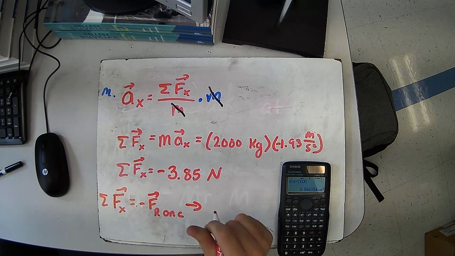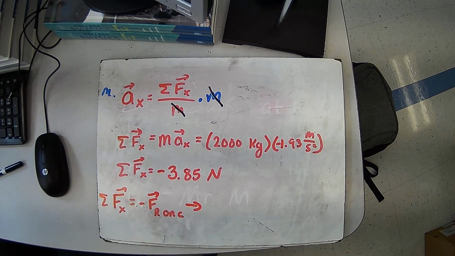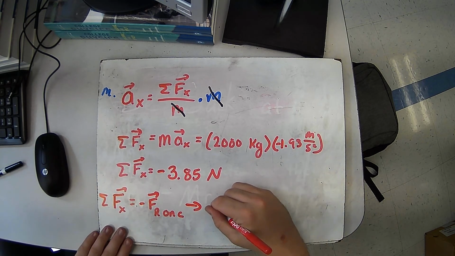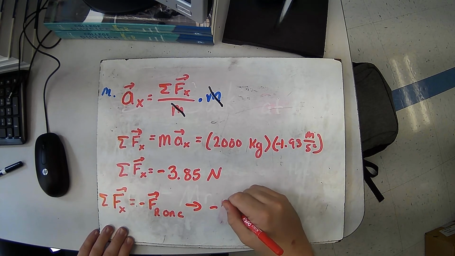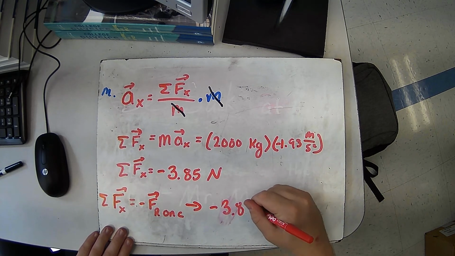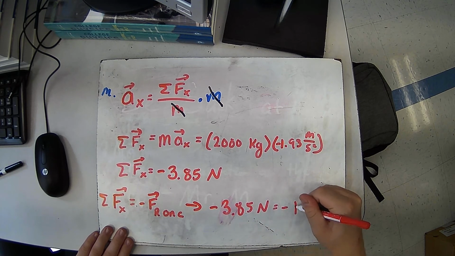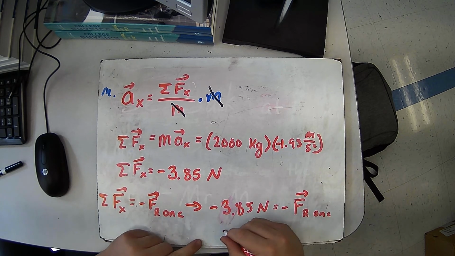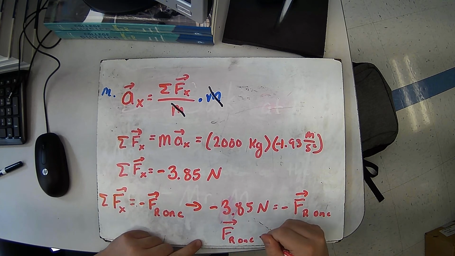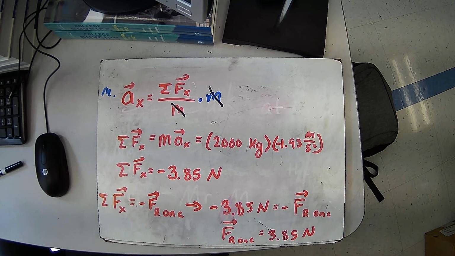And therefore, our negative 3.85 newtons of force equals the negative friction force that the road exerts on the car, or, multiply each side by -1, that friction force is equal to +3, or its magnitude is 3.85 newtons. Is probably the best way to say that.